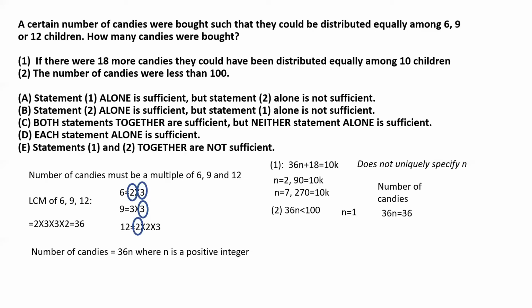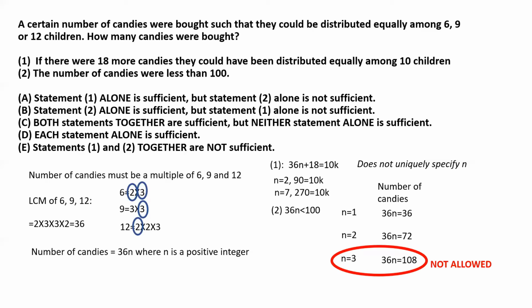For n equal to 1, 36n is 36. For n equal to 2, 36n is 72, and that's still less than 100. It's only for n equal to 3 that 36n exceeds 100, and this is clearly not allowed, because the total number of candies, 36n, should be less than 100, as per statement 2.